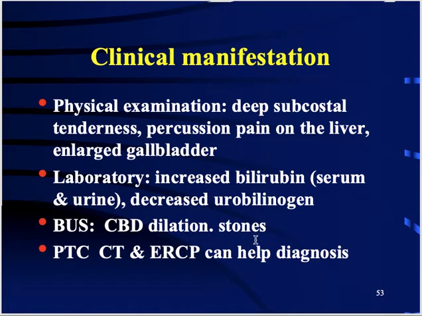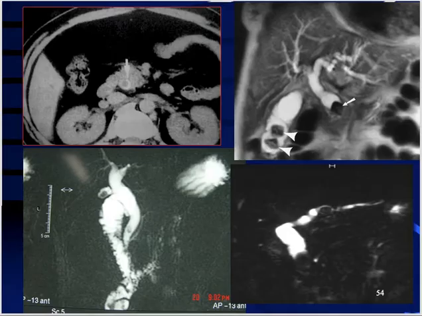So PTC, the percutaneous procedure, is really needed in patients with secondary common bile duct stones. But also we can do this test, though ERCP gives the best results. Okay, you can see over here showing you the MRCP as well as the other tests.